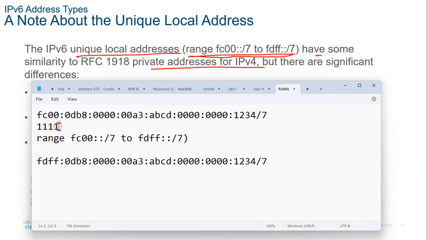And when it comes to this one here, if I convert this, the 7 will be this, and then up to this.